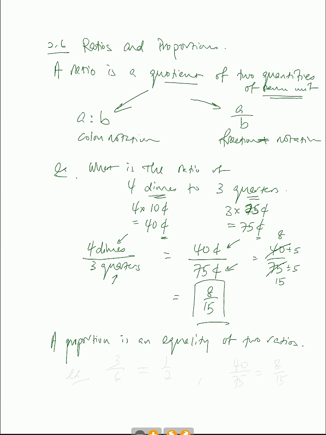A proportion would be something like, take for example, 3 out of 6 is the same as 1 over 2, so that is called a proportion. In the example we've seen above, 40 out of 75 is really the same as 8 over 15. So when you have two ratios that are the same, that's called a proportion.